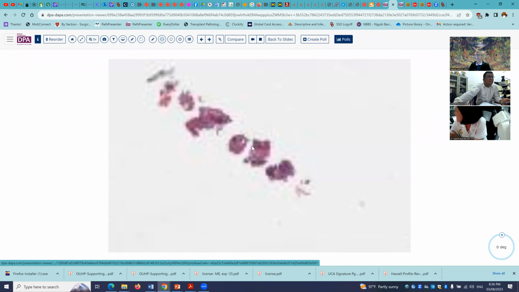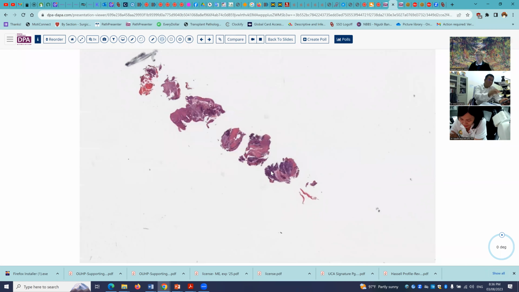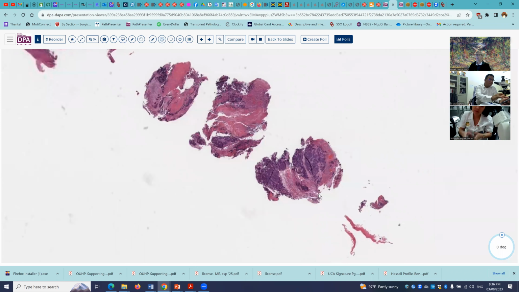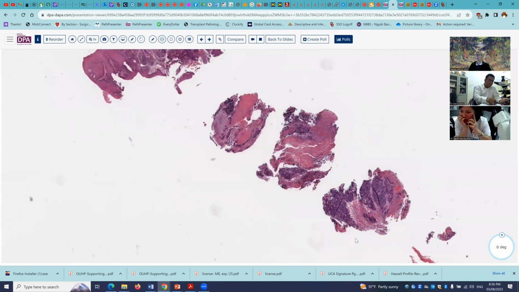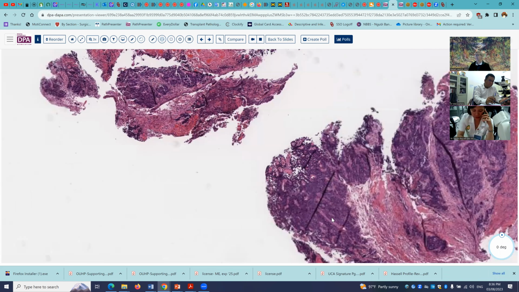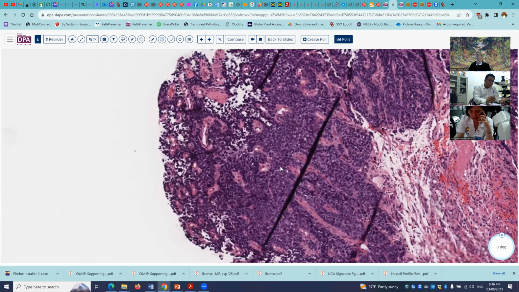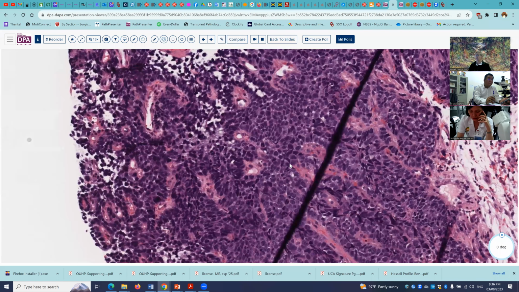So to illustrate that, I picked a case that was a mass in the esophagus. And here we have 4 or 5 fragments. We can see a lot of very blue tumor here. And we looked at this and said, oh, this is small cell carcinoma. Maybe this is metastatic from the lung or primary here in the esophagus.